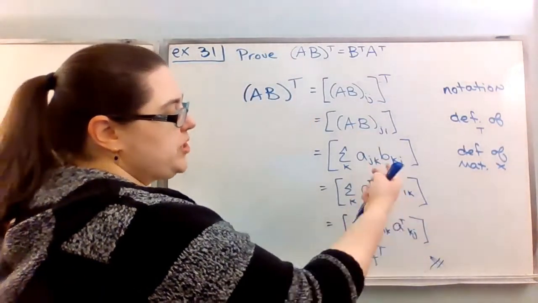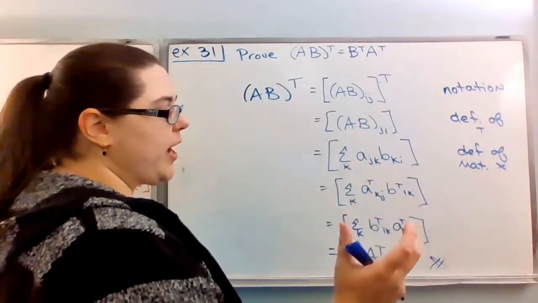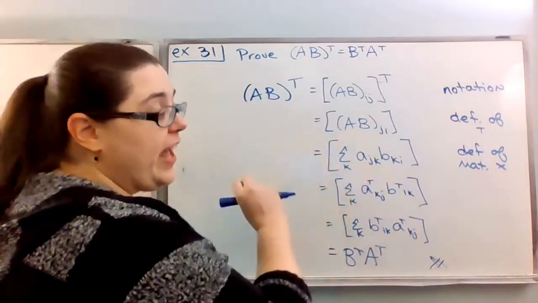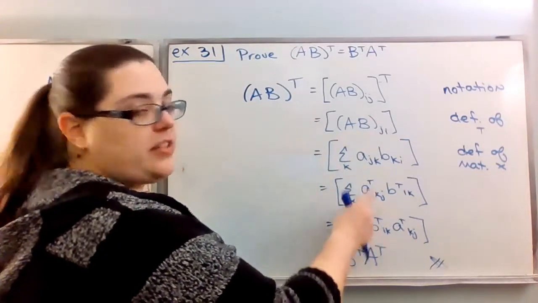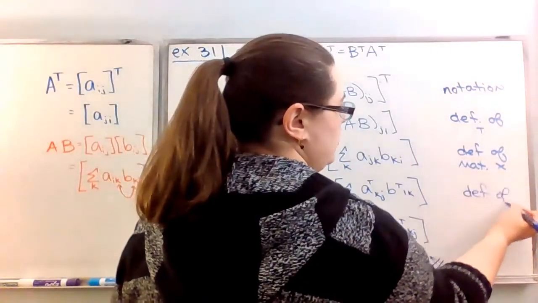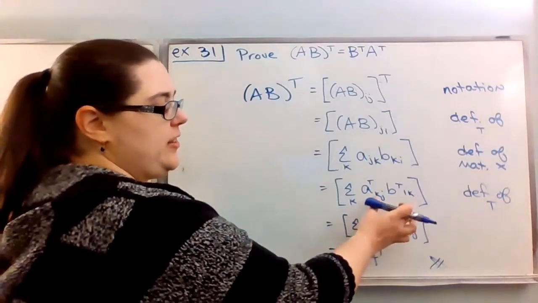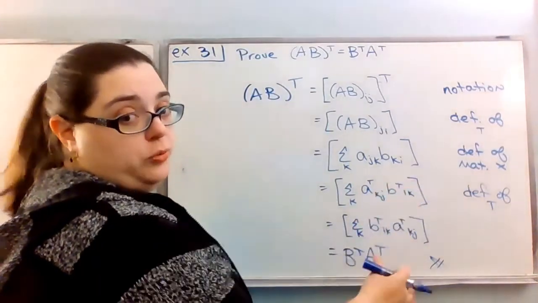Then I wanted to switch the indices here. So this is again, the jkth element of A is the same as the kjth element of A transpose. This is our definition of transpose. Then these are real numbers, so we can commute them.